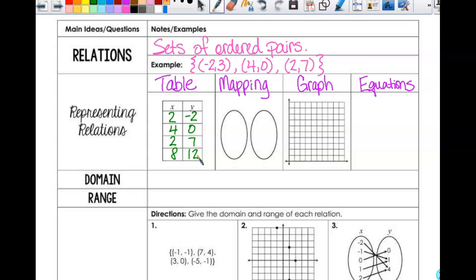Hamid, where's your definition of a relation? Huh? It's up there?